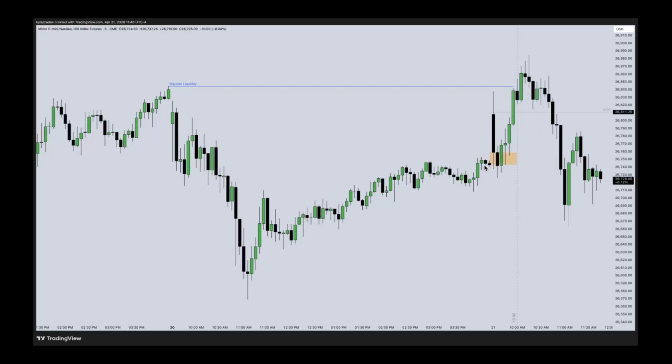We test the bottom of the gap. The bodies are kind of closing at the bottom of it. We have a run inside of this fair value gap and all of this consolidation before running higher and taking out buy side liquidity. You see we left these relatively equal highs right here on regular trading hours. So expecting all of this to get ran.